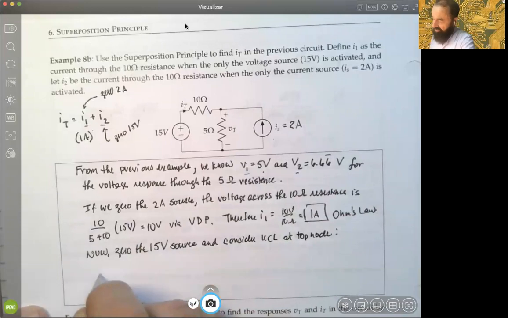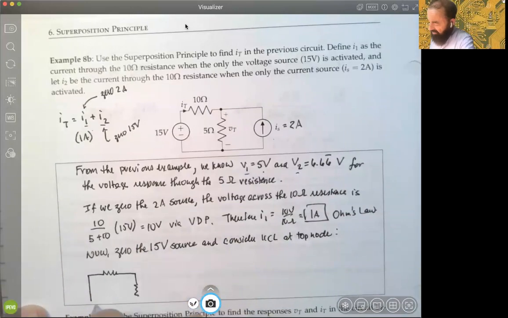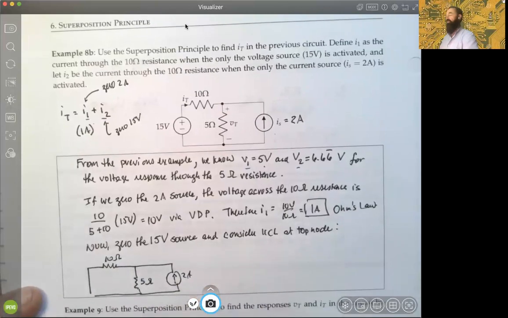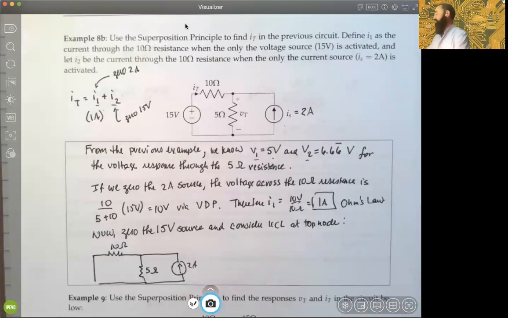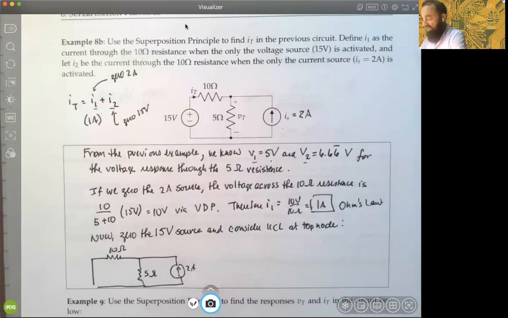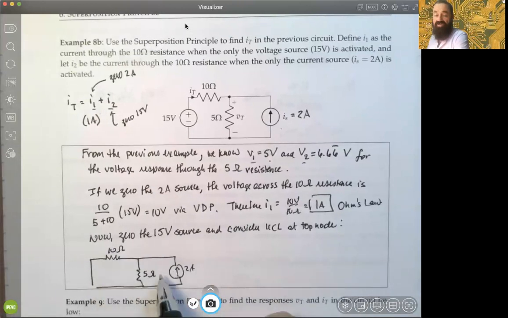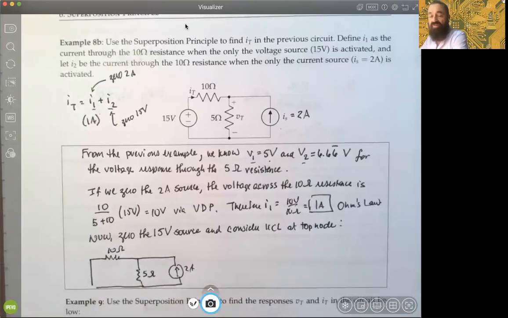So if it's zeroed out, we've drawn this before, it's a short circuit, 10 ohm resistance, 5 ohm resistance, 5 ohms, 10 ohms, and the current source out here. Okay, all right. And we indicated before, we're going to apply KCL because all I want to know is I2. I need the contribution. I need to know in this circumstance, what is the current going through the 10 ohm resistance, you see.